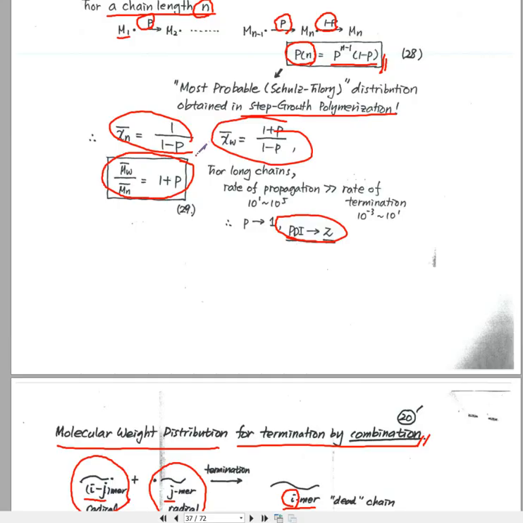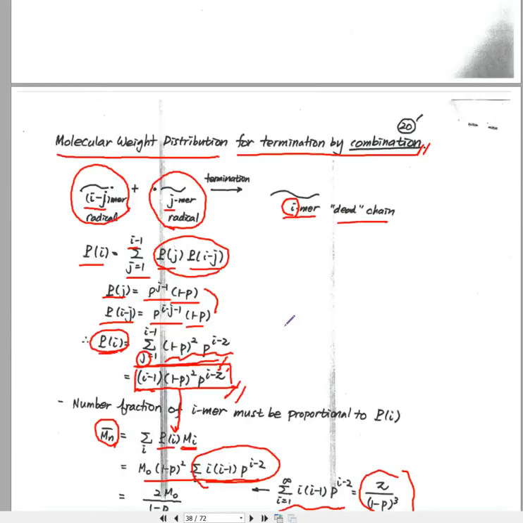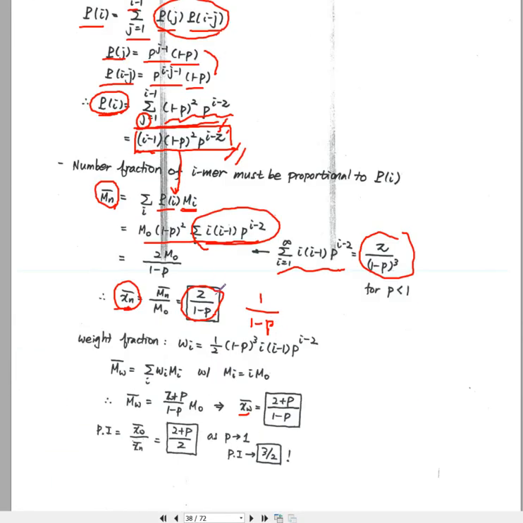It's twice, right? The reason is quite simple, because it is occurring by combination, we are basically generating on average twice the molecular chain length. That's why the number average degree of polymerization is 2 over 1 minus p.